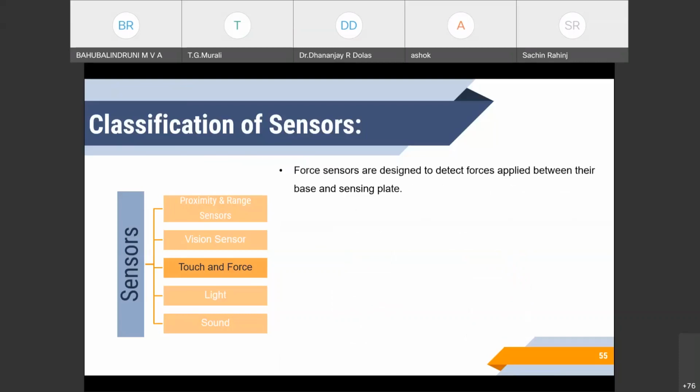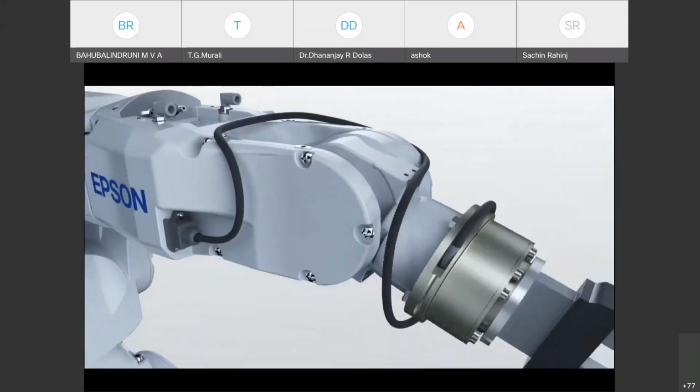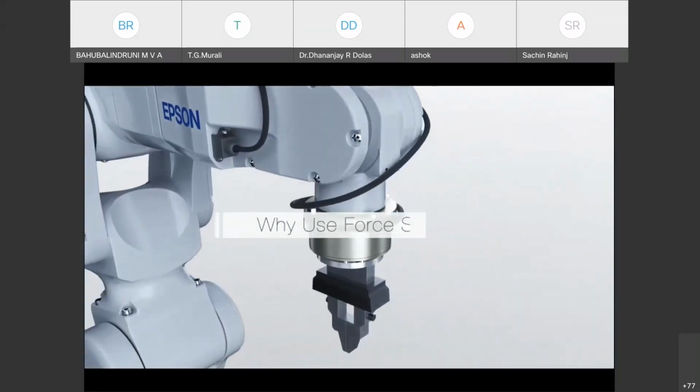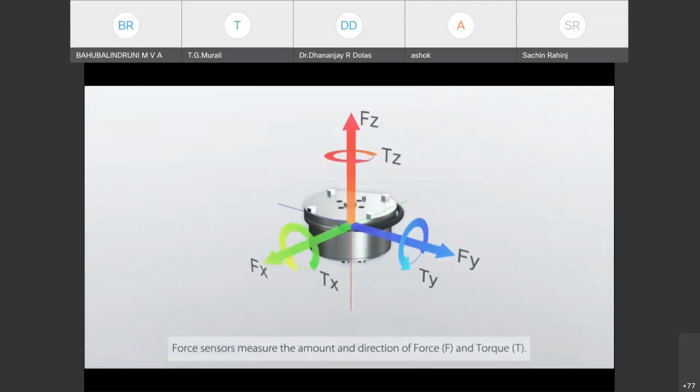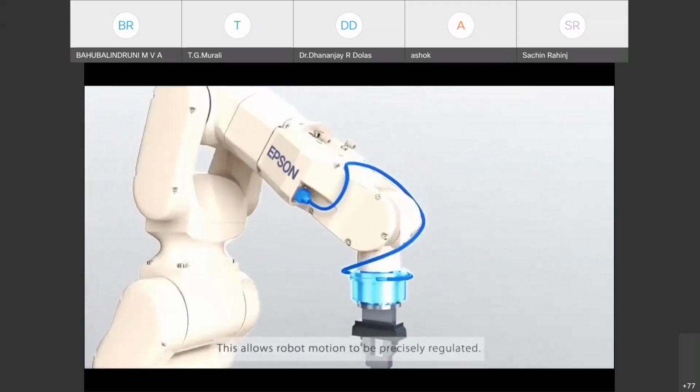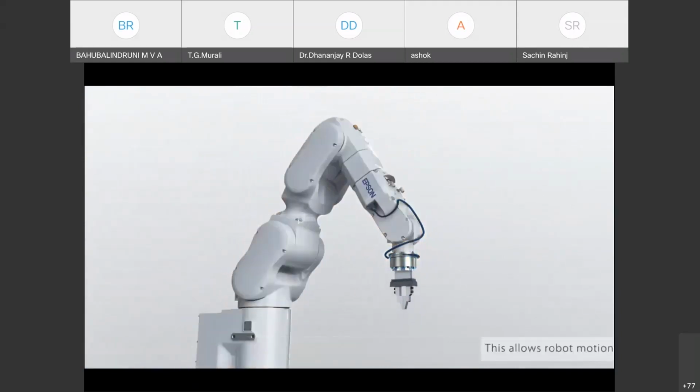And then the force sensors. You can see this video of a force sensor, which is able to detect and give feedback in all 3 forces and 3 rotations, the moments: Fx, Fy, Fz, and Mx, My, Mz.